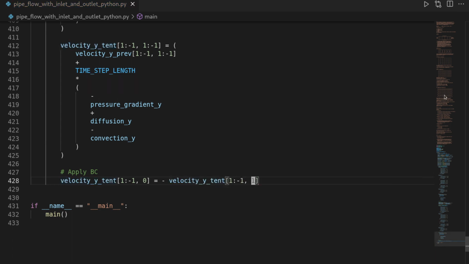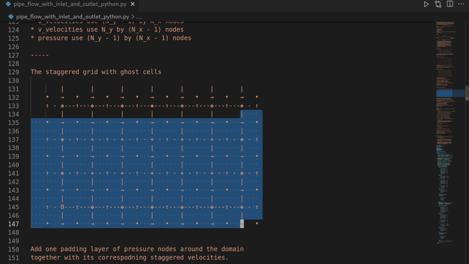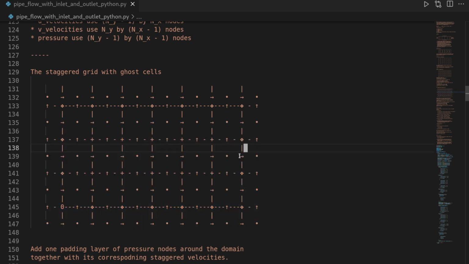And then let's go up and check for this right point here. And now we want to prescribe the outflow boundary condition. So the derivative across the boundary is supposed to be 0. And we can define the derivative directly on the boundary by taking the ghost value of the v velocity minus the interior value and divide it by the element length, cell length, and set it to 0.